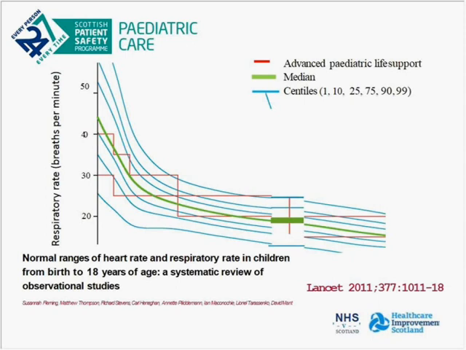And what is interesting is that advanced paediatric life support values, which, when you consider all the different life support courses and the values associated with them, has been identified as being one of the best.